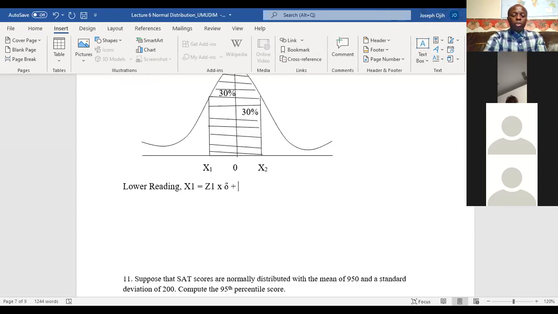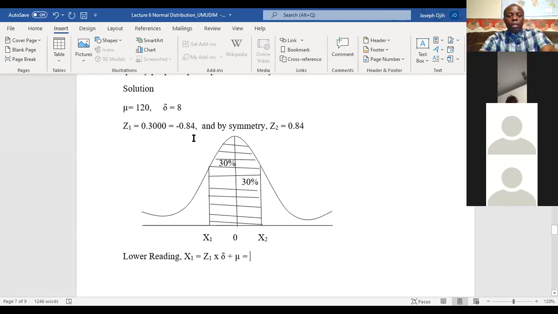We need Z1 to get X1. So our Z1 is negative 0.84, times standard deviation of 8, plus the mean of 120.